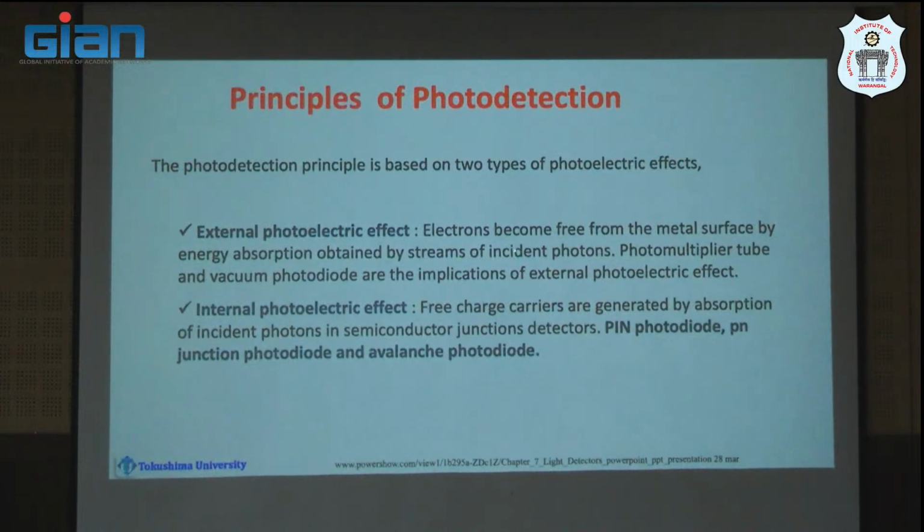In the external effect, electrons become free from the metal surface by energy absorption obtained from the stream of incident photons. In the internal effect, free charge carriers are generated by absorption of photons in the semiconductor junction detector. Within, so it is internal; outside, so it is external.